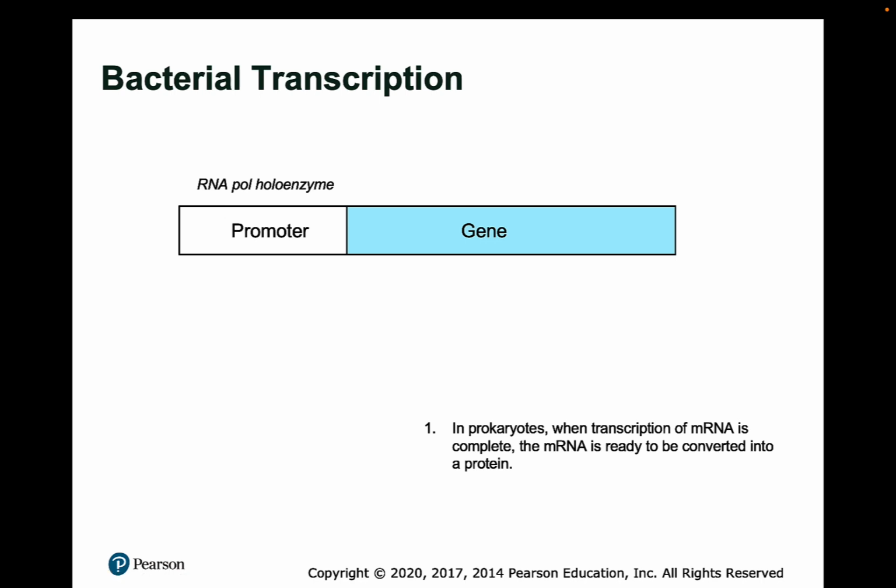And this RNA polymerase we call the holoenzyme because it's made up of RNA polymerase and another protein called sigma, and sigma is what helps the RNA polymerase recognize the promoter. And when this binds, the RNA polymerase opens up this DNA double helix. That's what this rectangle is representing. And it can transcribe a gene into RNA.